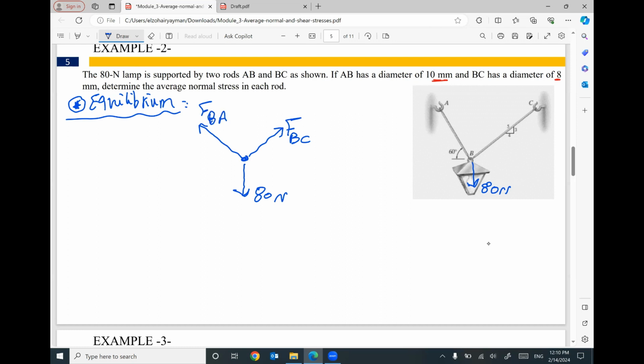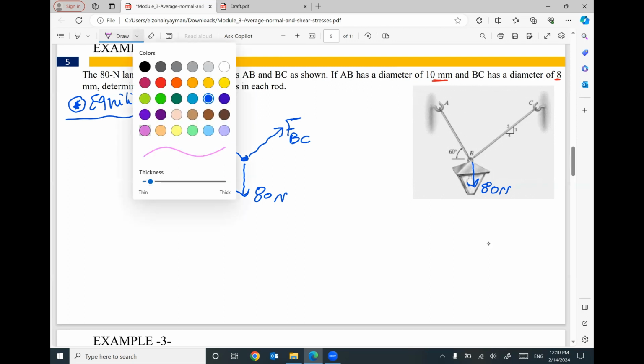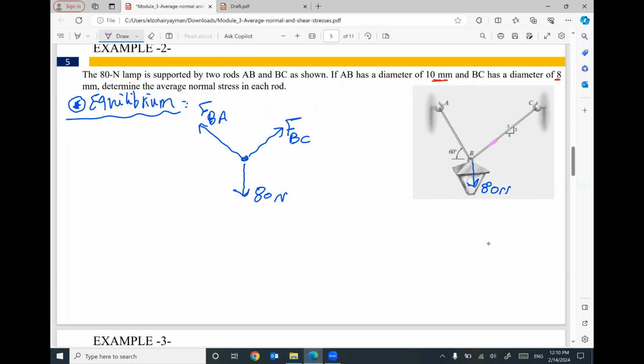That makes sense? So the first step, we need to figure out the forces in this member and this member, BA and BC. So these two cables will have forces FBA and FBC.